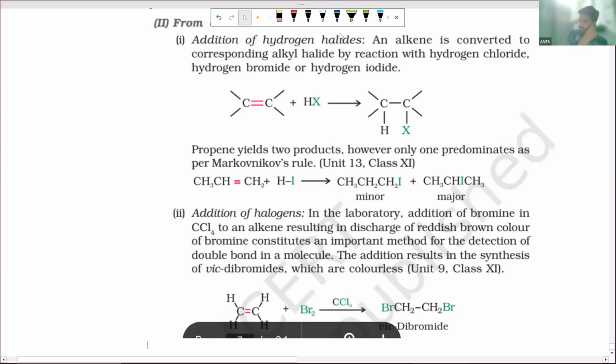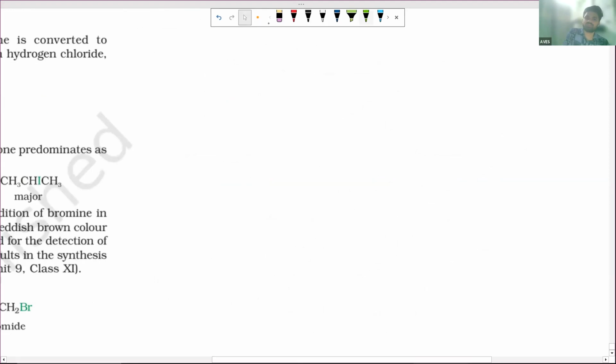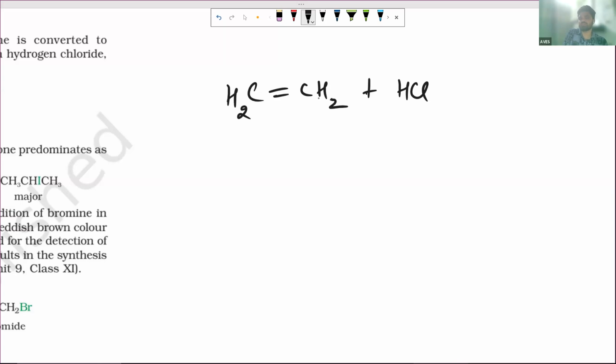So, for example, you have CH2 double bond CH2, this is an alkene. And when you pass it with HX, like HBr, HCl, or you pass chlorine gas to the alkene.